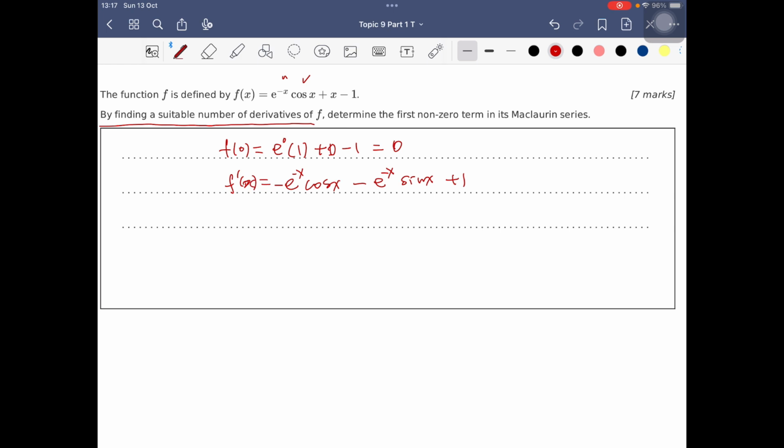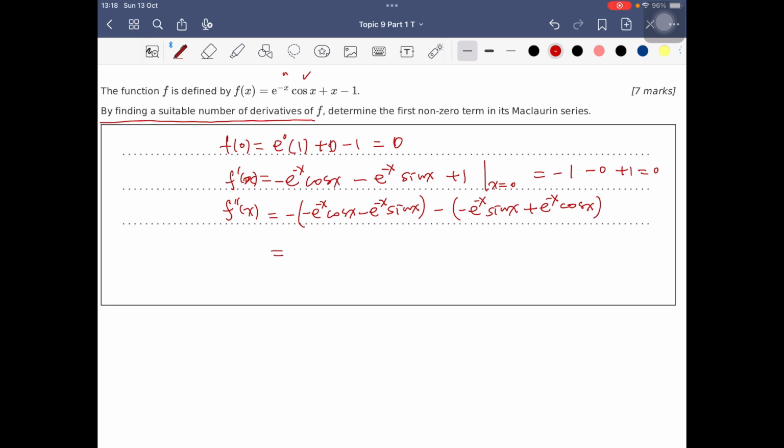When we put x equals 0, then we find negative 1 plus 1, again 0. Now f double prime of x is negative e to the power of negative x cos x minus e to the power of negative x sine x minus negative e to the negative x sine x plus e to the negative x cos x.